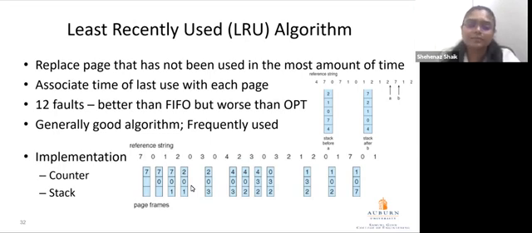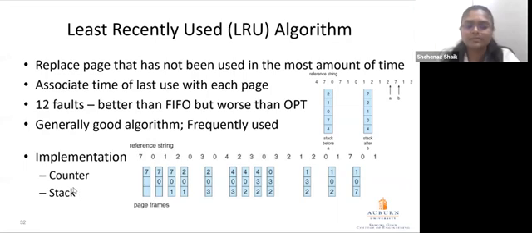And with the stack-based approach, whenever we want to identify a victim page to be moved out of main memory, we should be able to simply remove the page which is at the bottom of the stack.